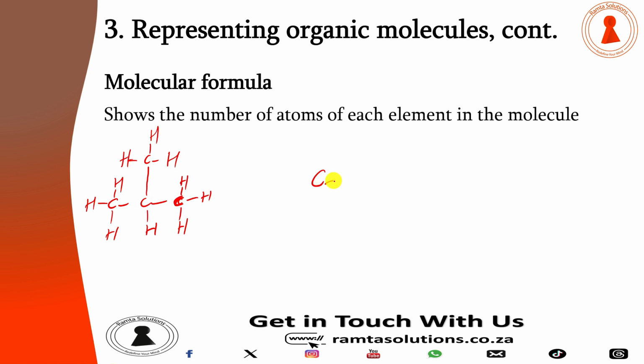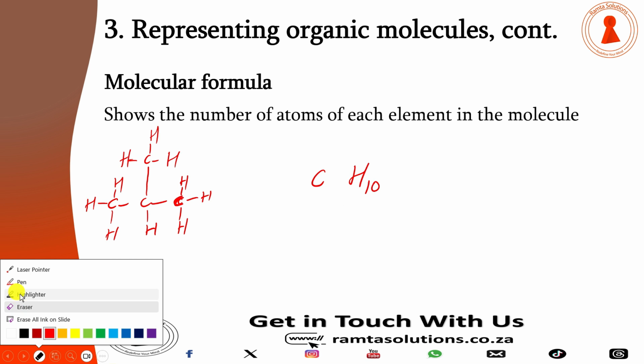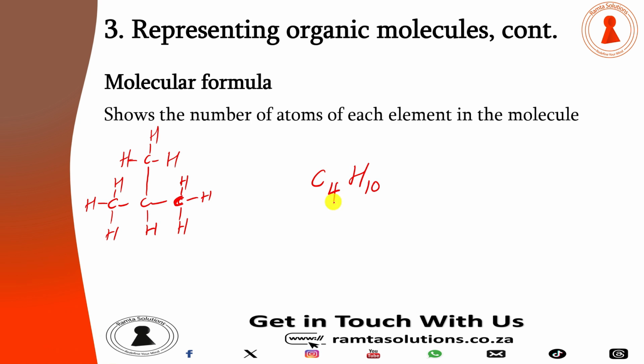We have 4 carbons. How many hydrogens do we have? 3, 6, 9, 10. So we have 4 carbons and 10 hydrogens.